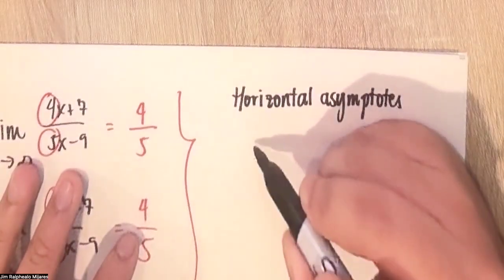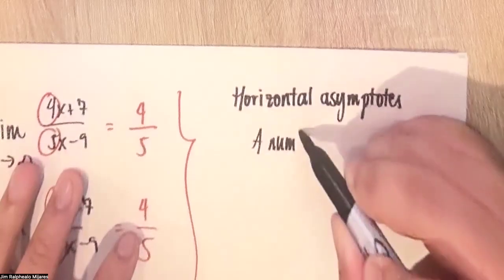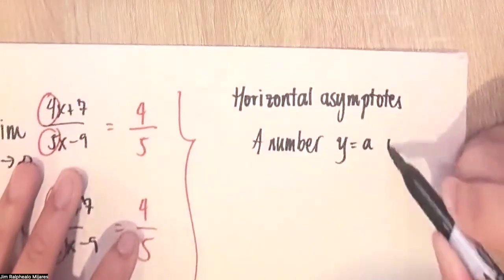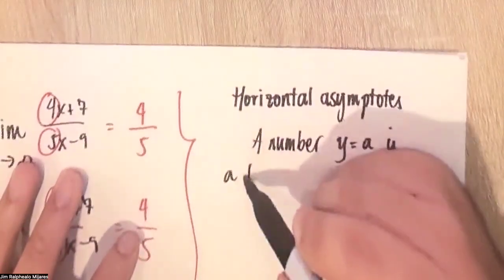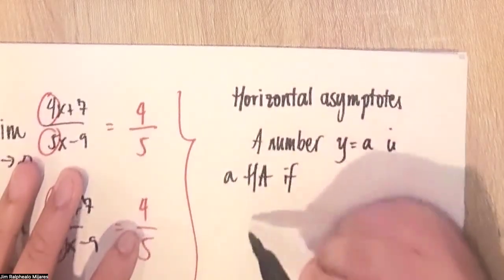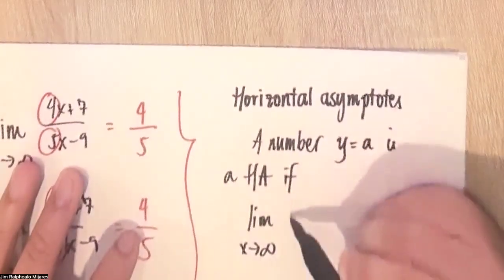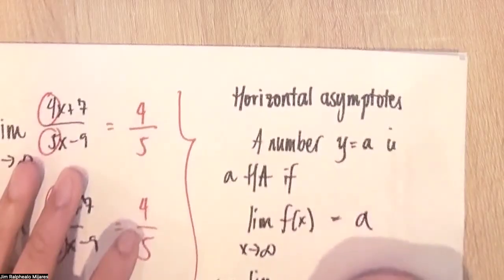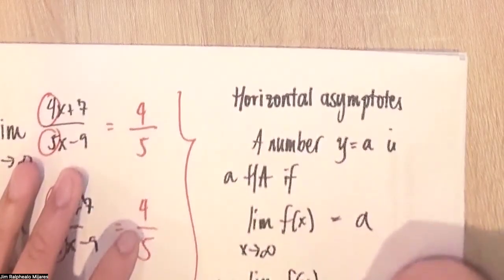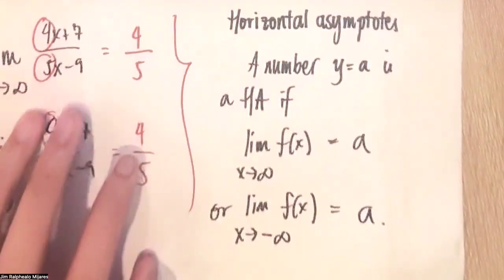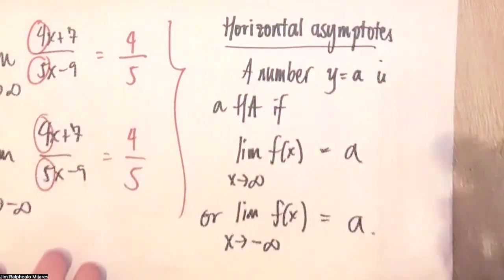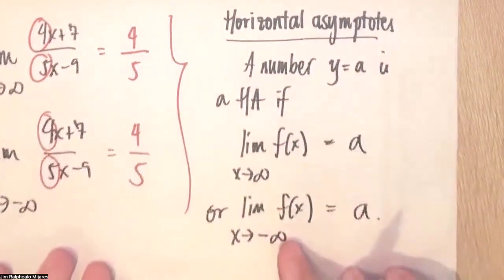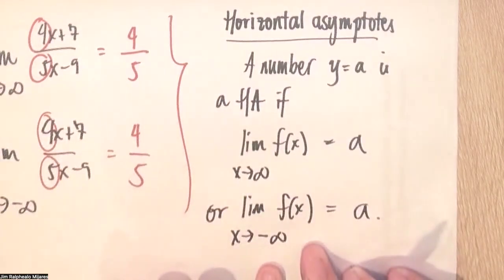So a number y equals a is a horizontal asymptote if the limit as x approaches infinity of f of x is equal to a, or the limit as x approaches negative infinity of f of x is equal to a. So in essence, the horizontal asymptote is the limit itself as x approaches infinity or negative infinity.